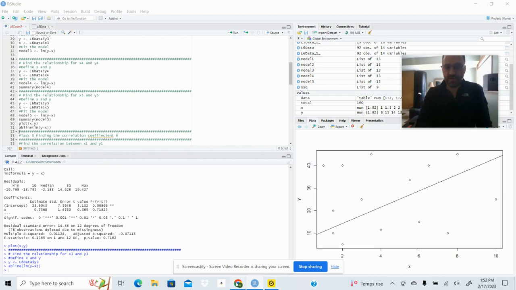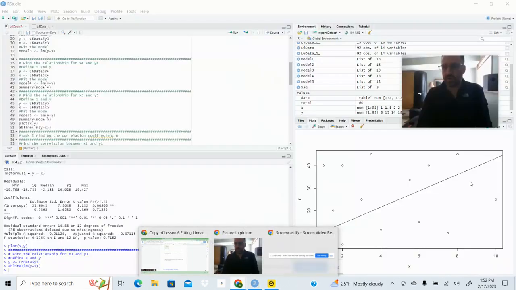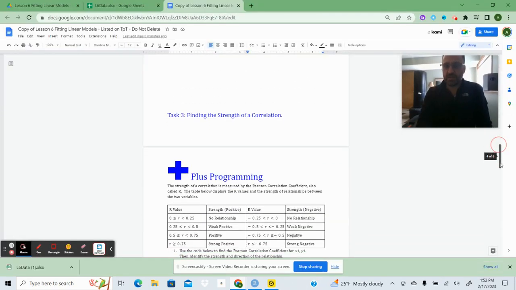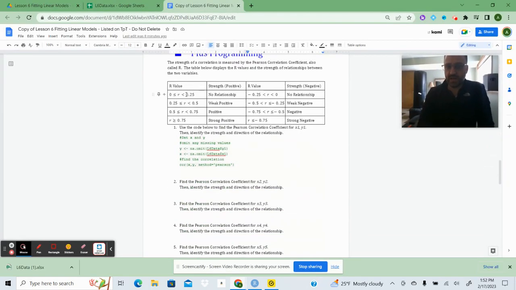So now what we're going to do is look at what this correlation coefficient is. How strong is a correlation? What you do is you look at the R value that's printed out. If R is between 0 and 0.25, it's no relationship. If it's negative, it's no relationship in the negative direction. This just tells you the line is going up. Here it's going down, but the slope is not significant.